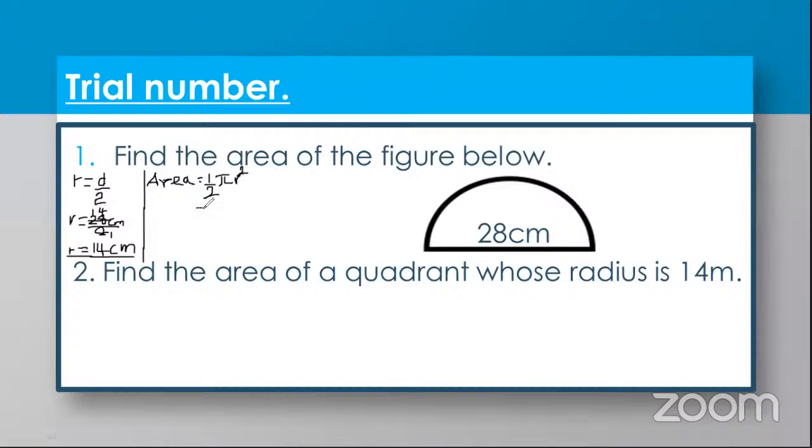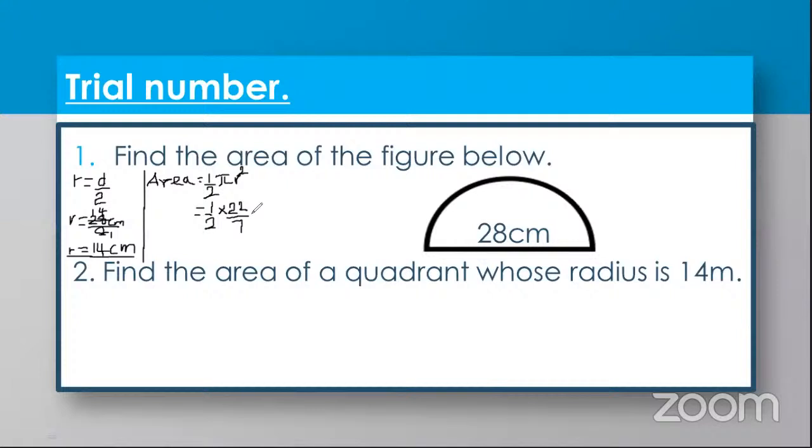Area is equal to a half. We use pi as 22 over 7. Why are you using 22 over 7?